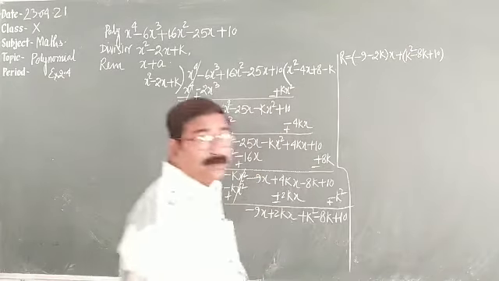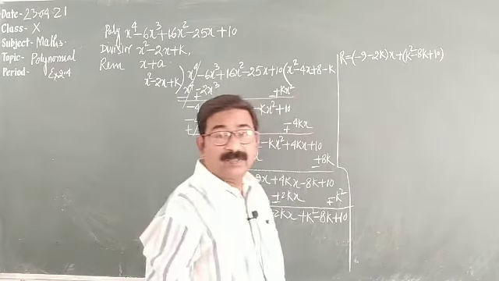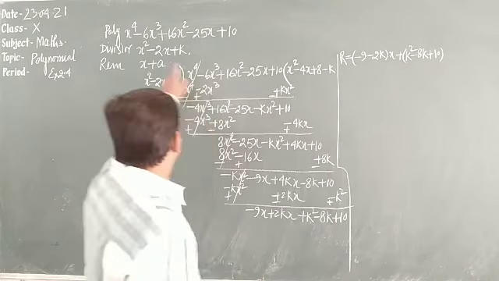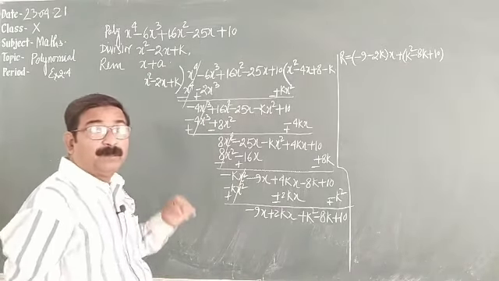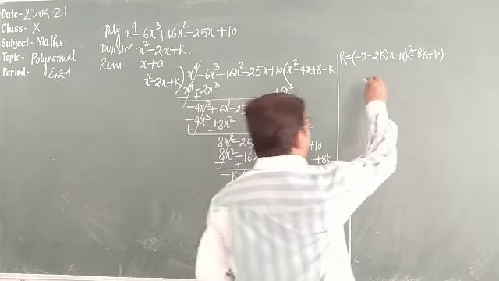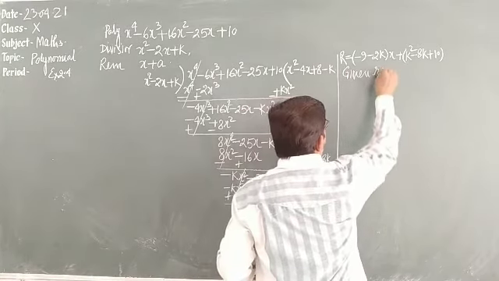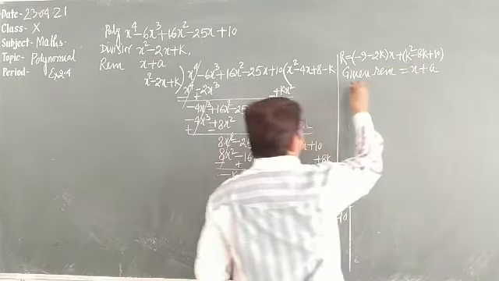This is the calculated remainder, and this one is the given remainder, x plus a. So we will compare the two remainders. See, the given remainder is x plus a. Let's compare.